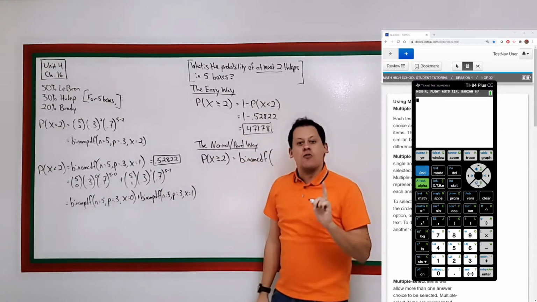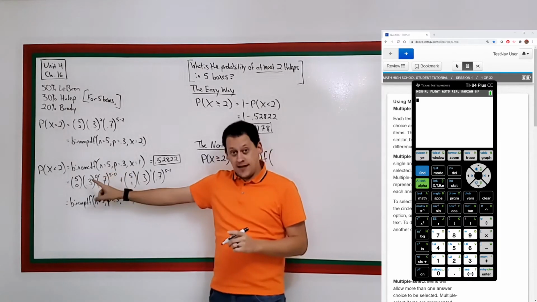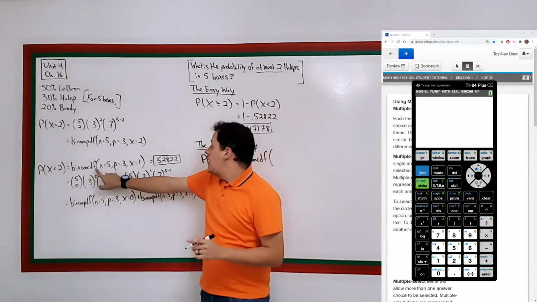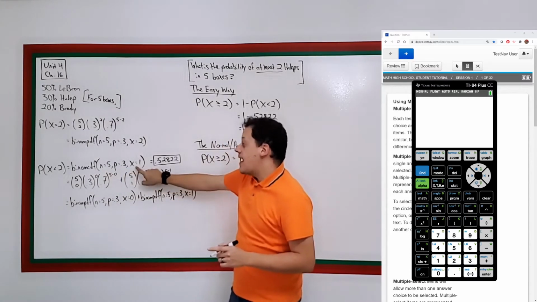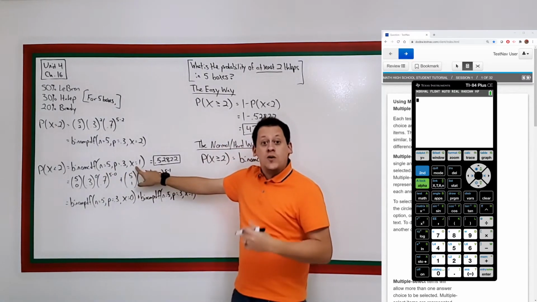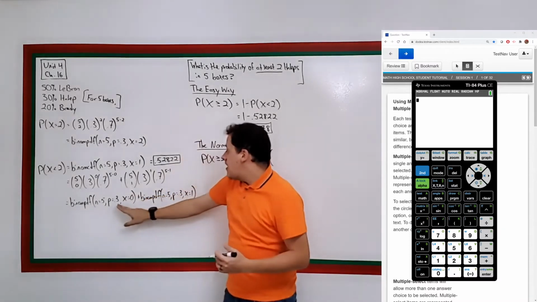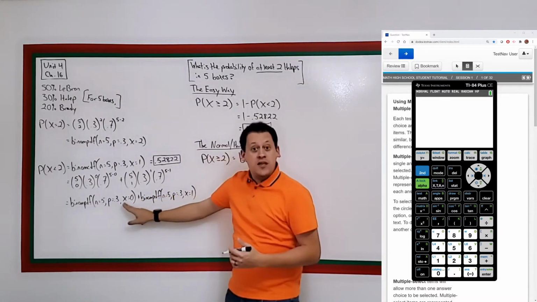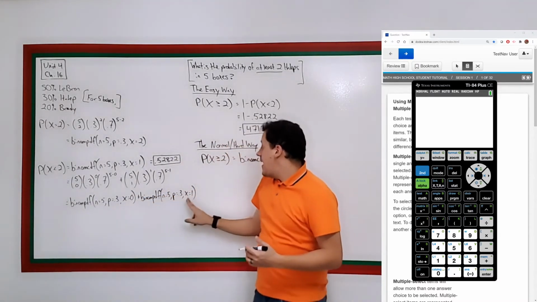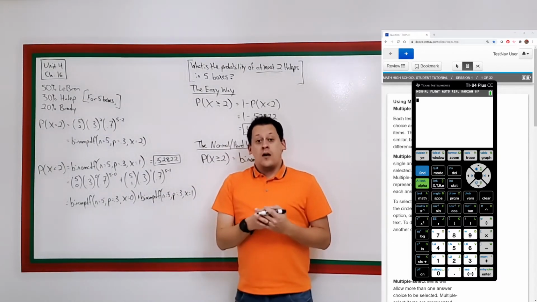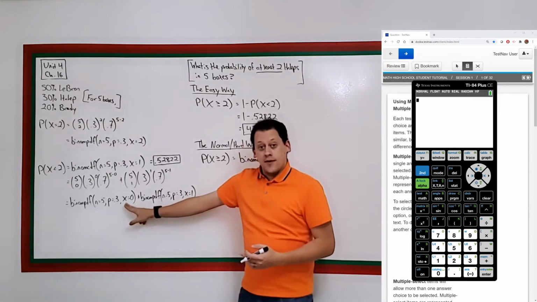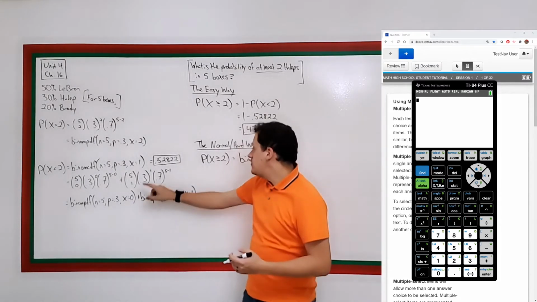But remember how binomcdf worked in this case. If you type in n equals 5, p equals 0.3, and x equals 1, it's going to calculate binompdf for the same n and p, but with x equals 0 and x equals 1, and add them together. It always starts at x equals 0 and only counts up to the number that you put here.